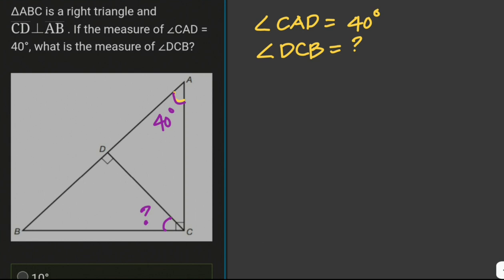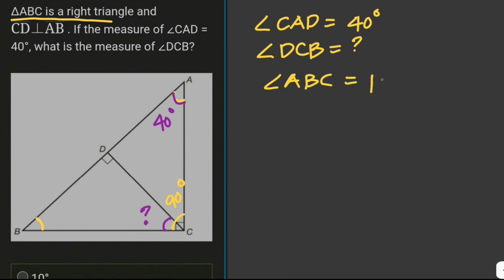Alright, let's solve this. Since the measure of angle CAD is 40, and it says triangle ABC is a right triangle, that means this angle here is equal to 90 degrees. Then we can find angle B, or angle ABC.